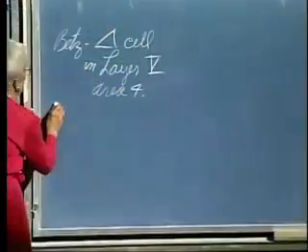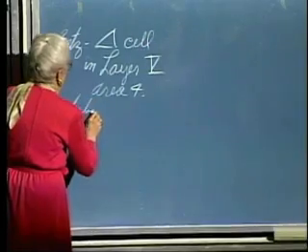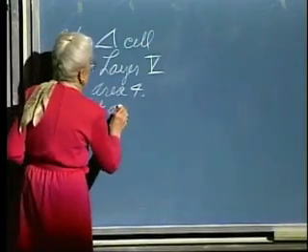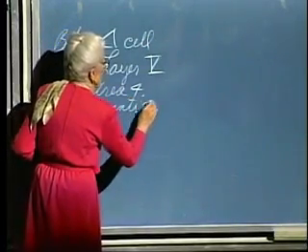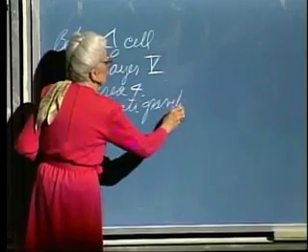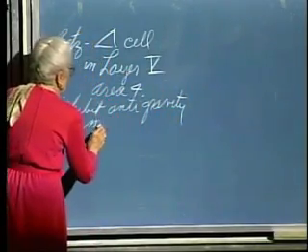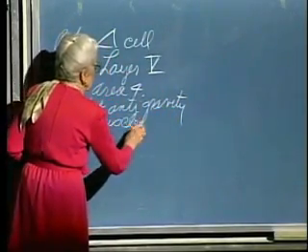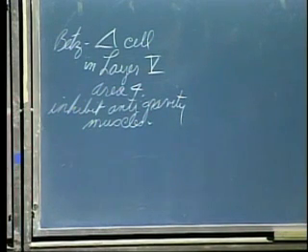There are few of them. They inhibit anti-gravity muscles. Just to give you a little bit about them, we'll stop there, but it lets you know they have a special function. So that's essentially all we have time for to give you the brief introduction of two types of cells.